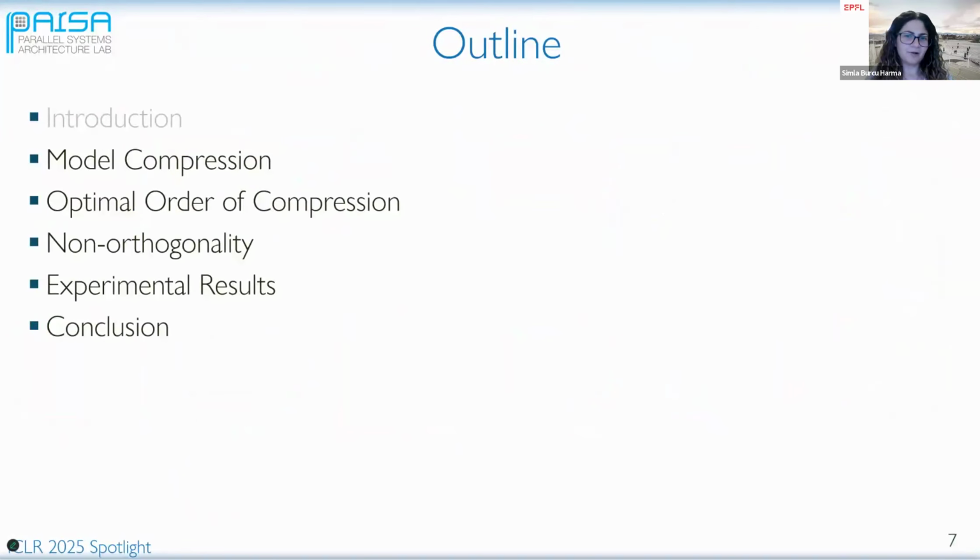Here's a roadmap of the talk. We'll start with going into the details of these compression techniques, then walk through the theoretical findings, including the optimal order of compression and non-orthogonality of these compression methods, and then followed by experiments, and finally conclude with practical key takeaways.